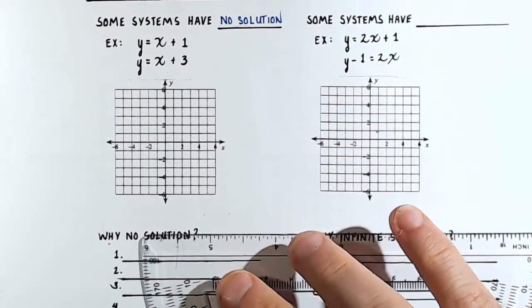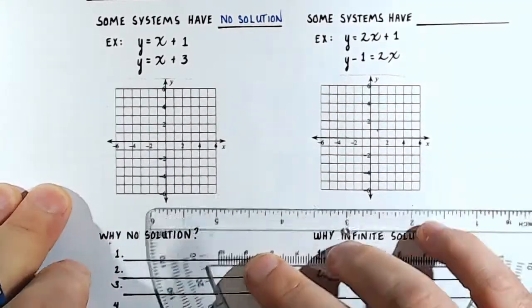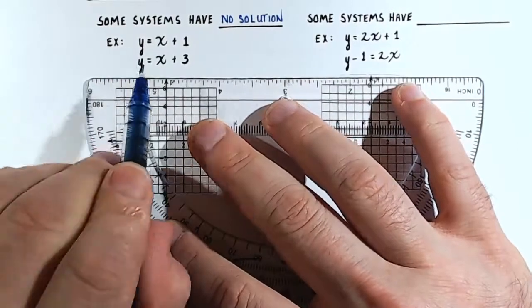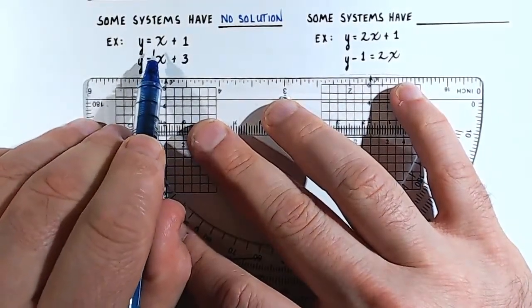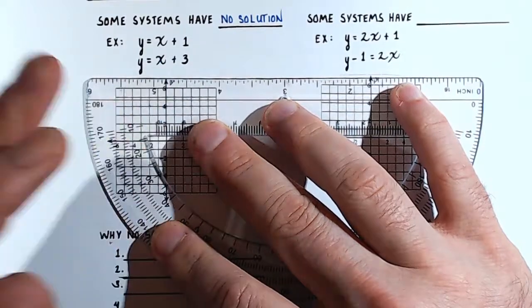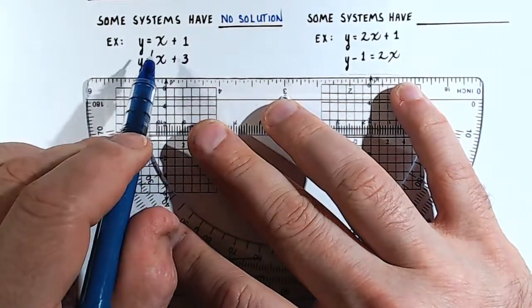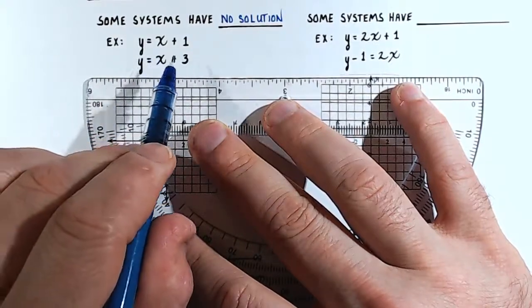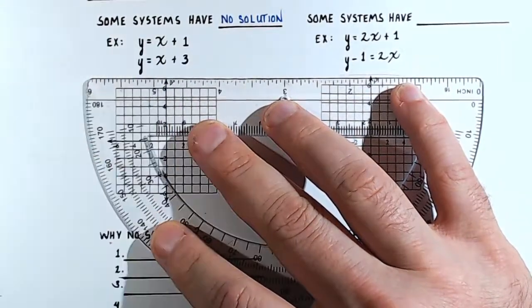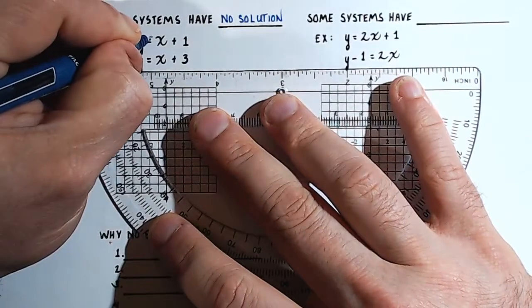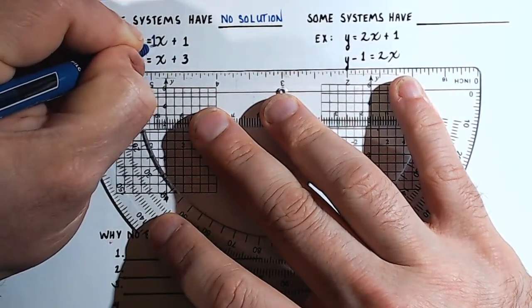And this might not be obvious because we're just getting started with this. Remember, when you have x by itself, just hanging out there, the m that sits in front of the x, y equals mx plus b, the m is 1. Okay, so this is 1 here.